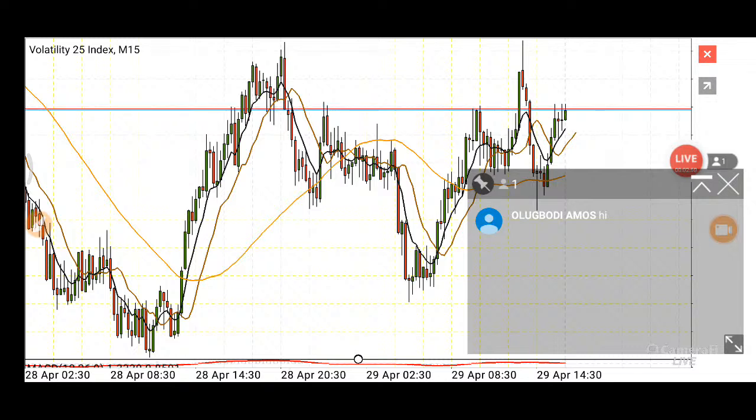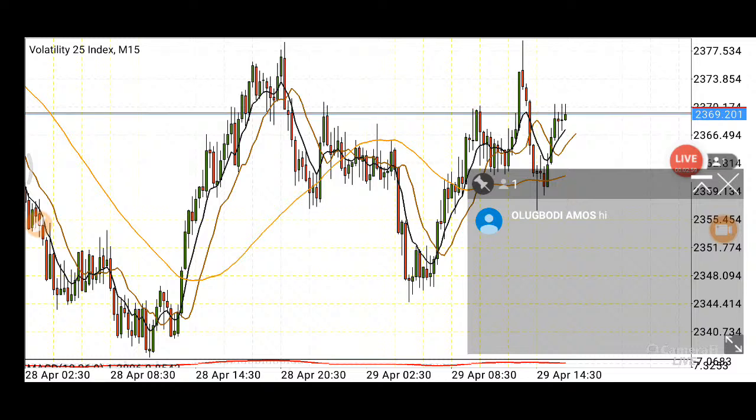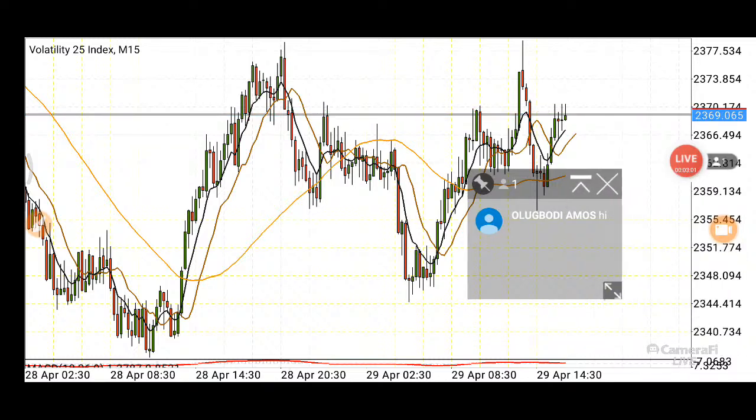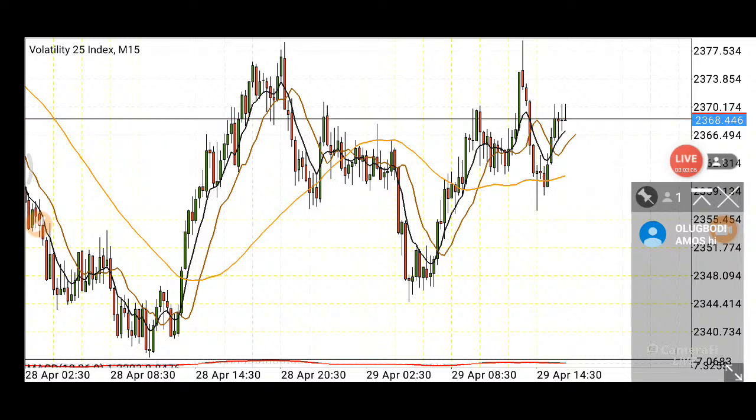I'll be showing you different tools, different things you can do with your support and resistance, when to enter trades and when not to enter trades, when to respect support and resistance and when not to respect it.